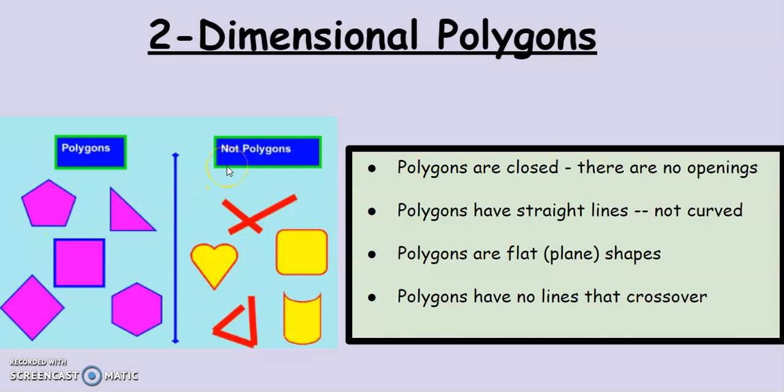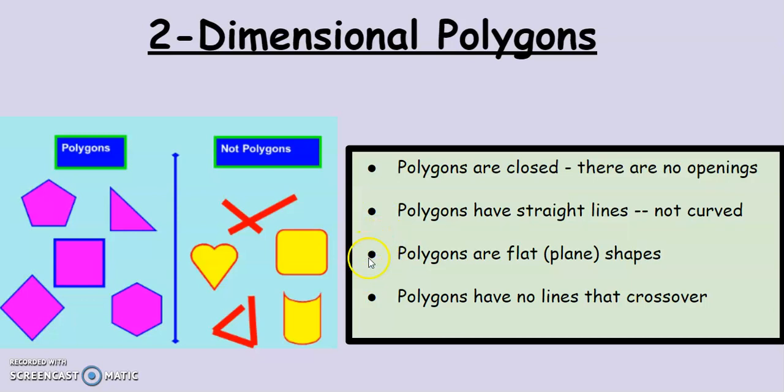When I look at the side that says not polygons, uh-oh, here's a curve, not a polygon. Uh-oh, curve, not a polygon. Again, another curve, not a polygon, because all polygons must have straight lines.